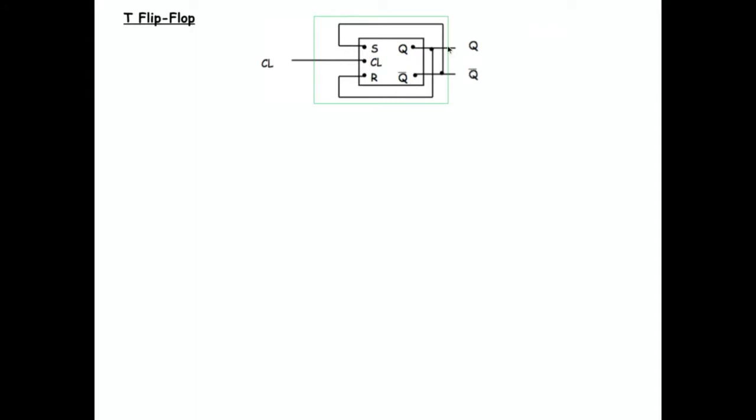So if Q was, let's say, 1, then 1 goes into R. Because of that, Q prime is 0, and that will go into S, or the other way around. But the input that we control is the clock.